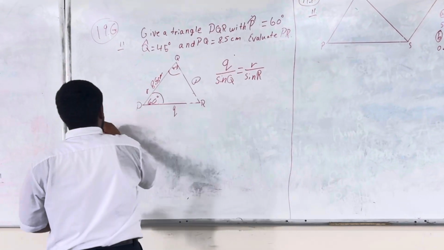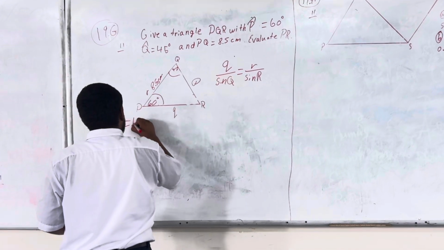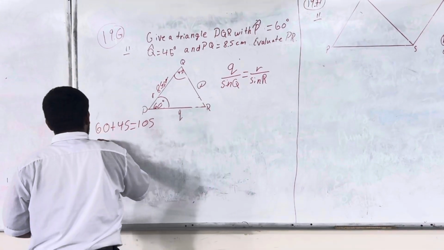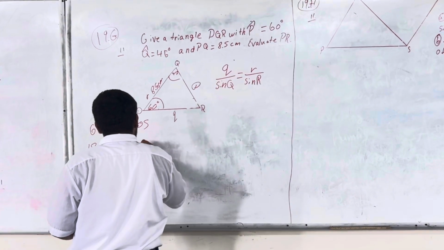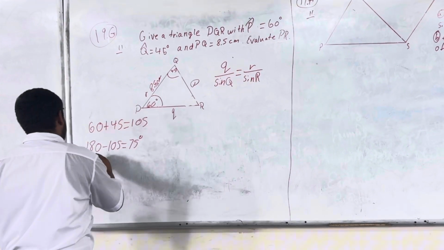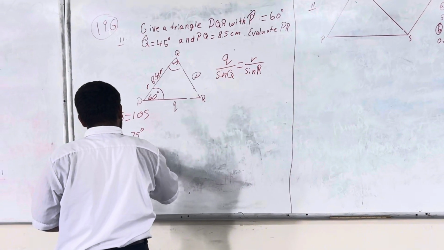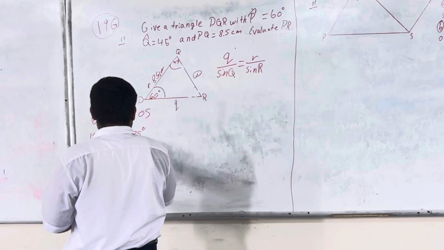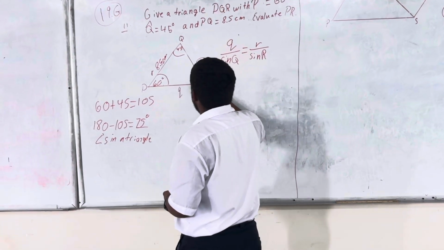So 60 plus 45 is equal to 105. Now, 180 minus 105 is equal to 75 degrees. Why is that? Angles in a triangle. So now we know that R is equal to 75 degrees.